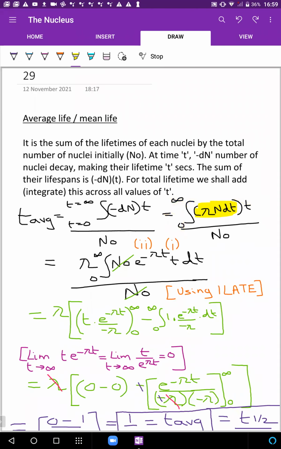The next thing I'll also do is replace n with n naught e to the power minus lambda t. Lambda goes outside because it was a constant, while t and dt stay inside, they are variables. The n naught on top and the n naught below cancel. So this leaves me with this kind of integration.